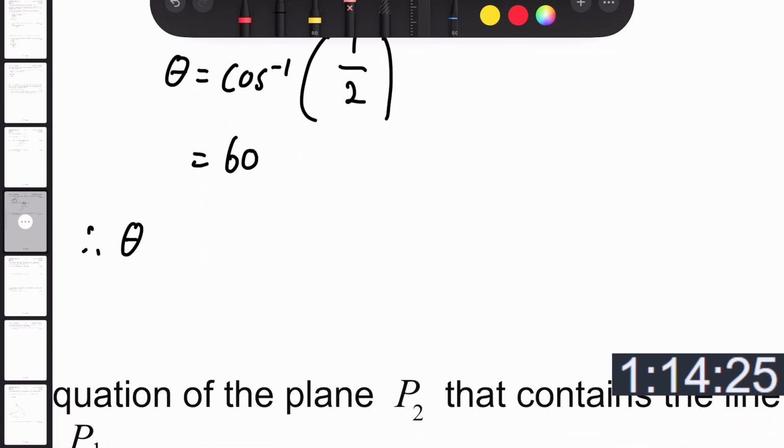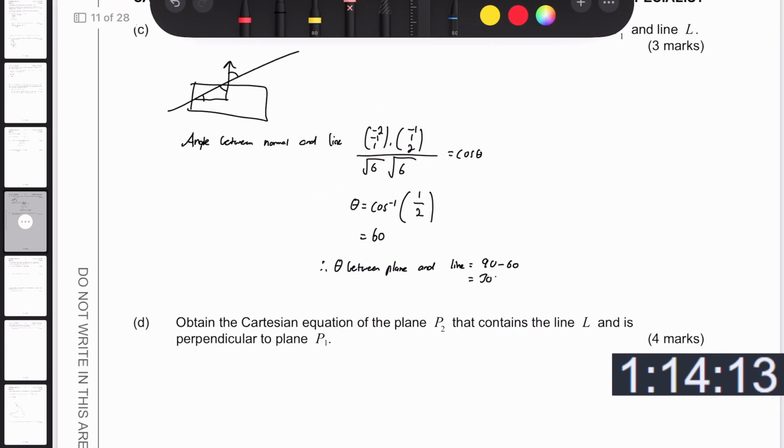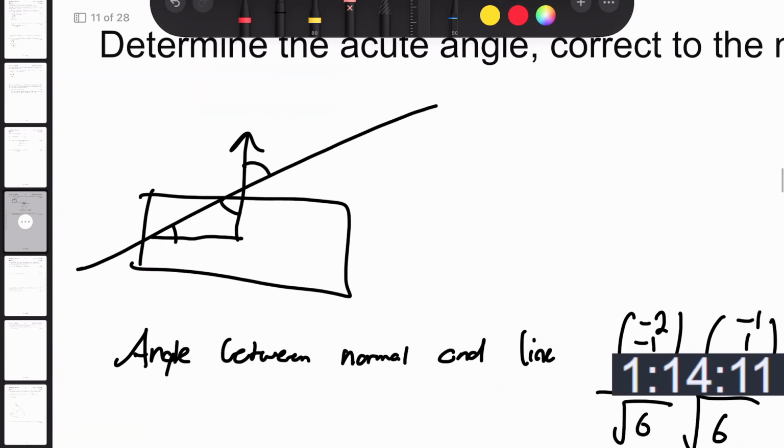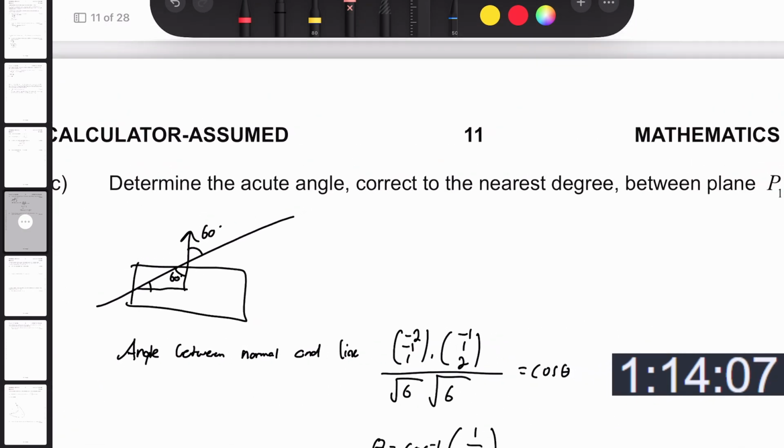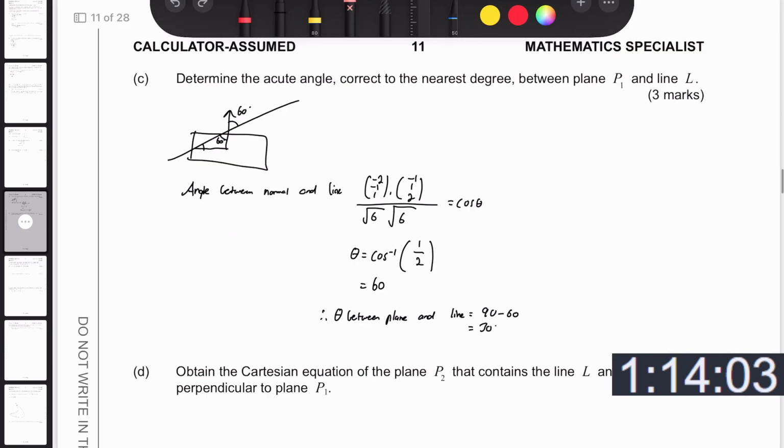Therefore, angle between plane and line is going to be equal to 90 minus 60, which is 30 degrees. Because I found this angle, but then the angle between the plane and the line is this angle, which is 90.